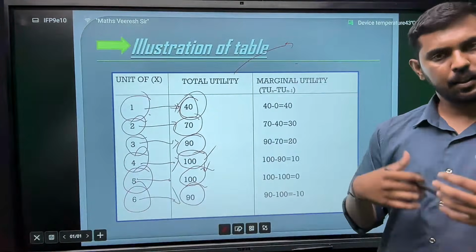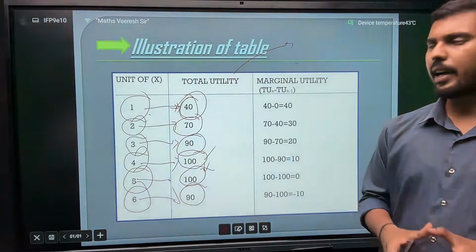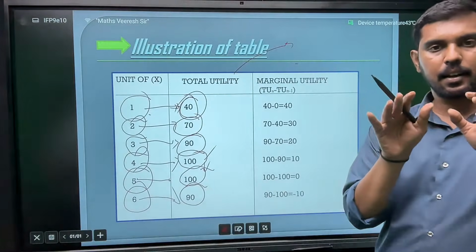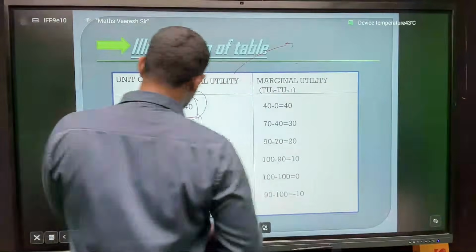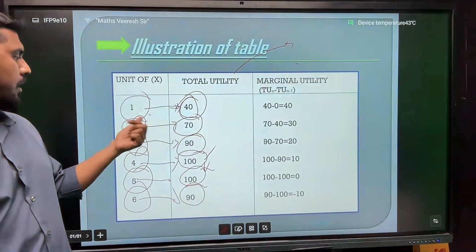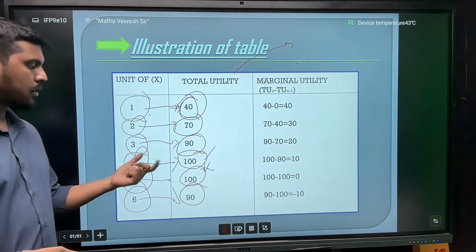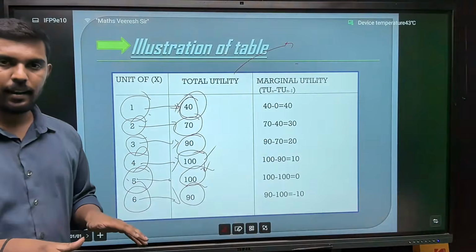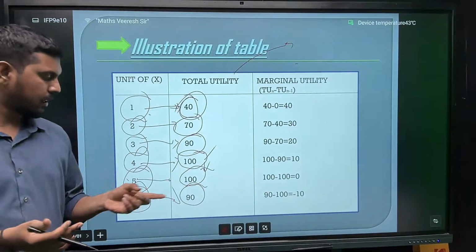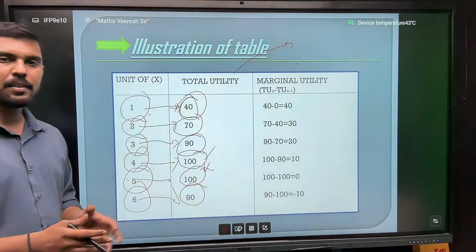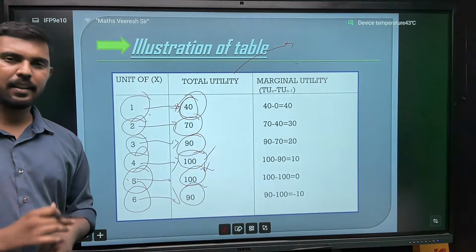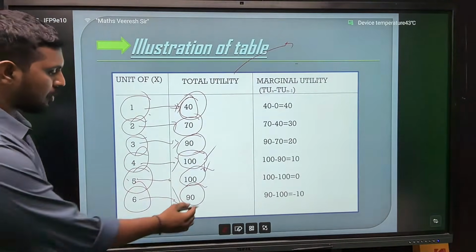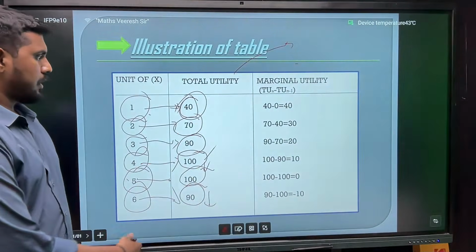Either apple, banana or chocolate, anything. When you consume the sixth forcefully, wanting more satisfaction, the total utility will decrease.